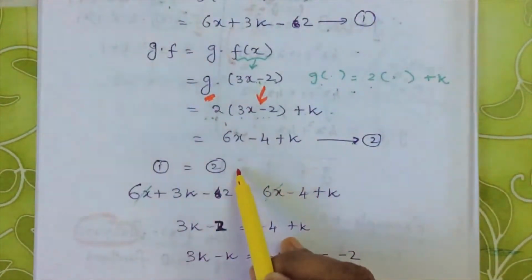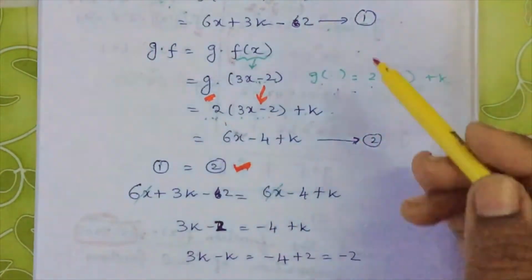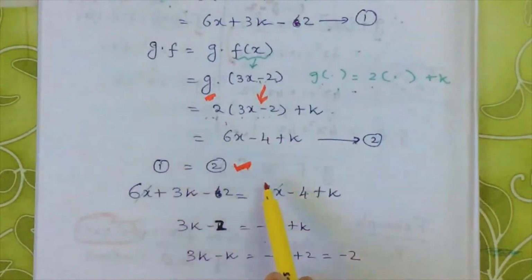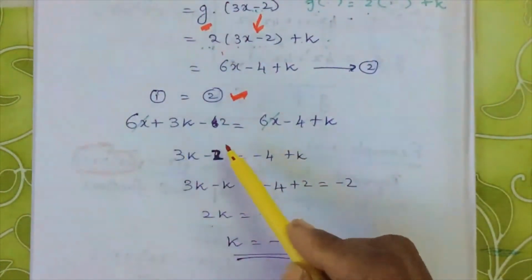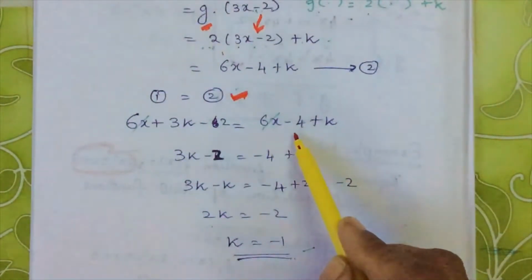Now since it is given f dot g is equal to g dot f, I am going to equate equation 1 and 2. Earlier we assumed f dot g as 1 and g dot f as 2 and named them. So I am equating those two. If you equate, 6x plus 3k minus 2 is equal to 6x minus 4 plus k.